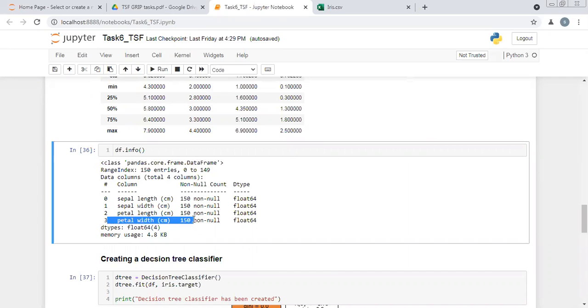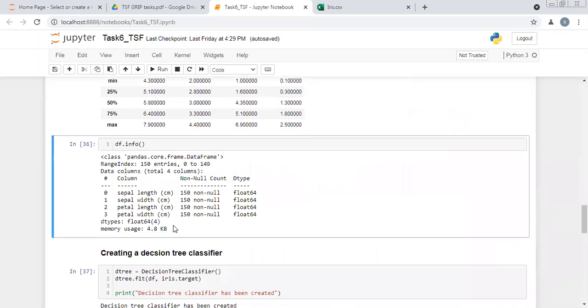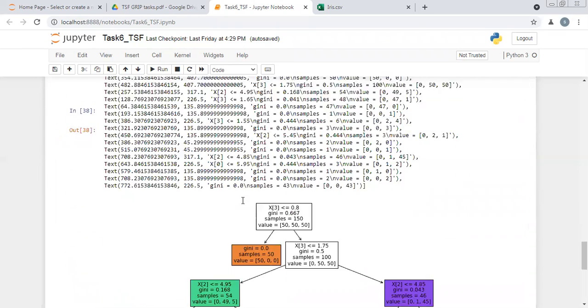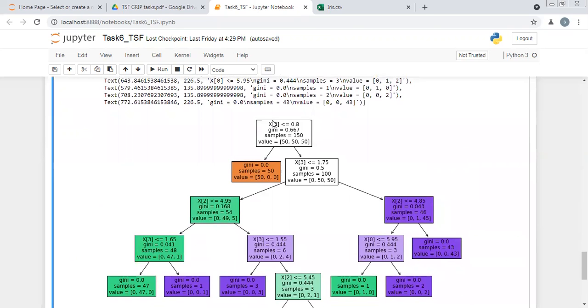It has been encoded as a numeric variable, because we don't need the categorical variable. Similarly, petal length, sepal width, and sepal length also have numbers. So here petal width has been used.